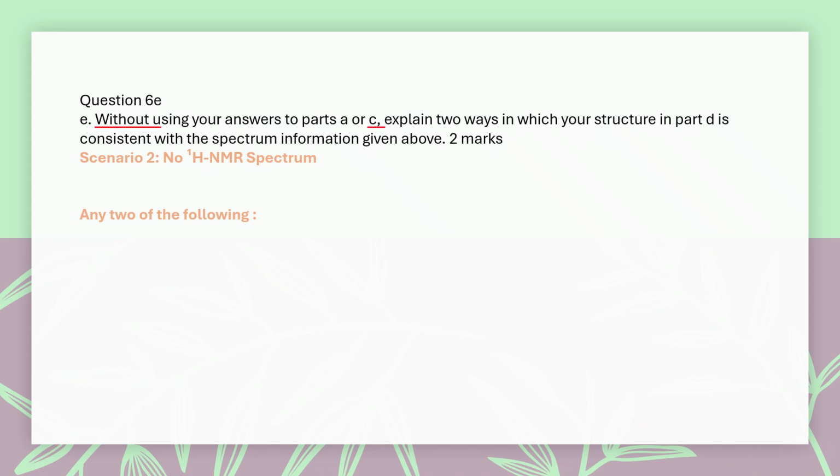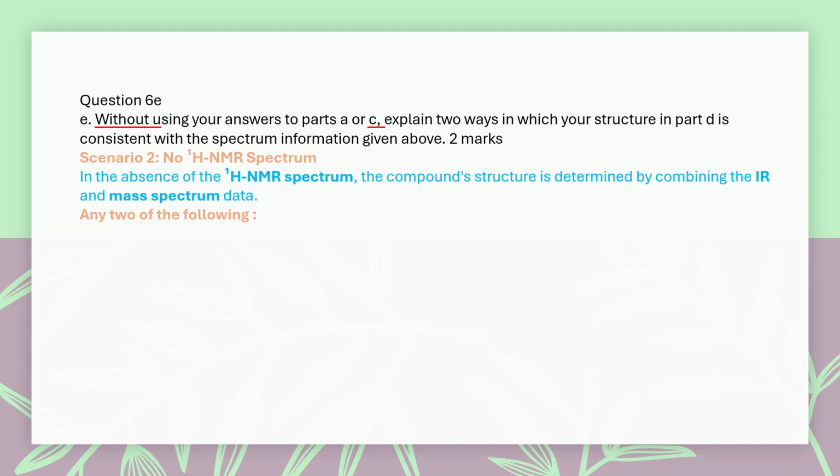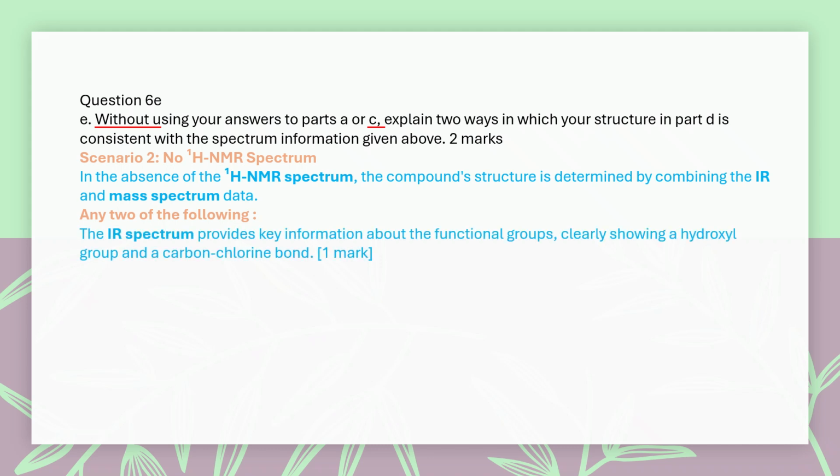In the absence of the 1H NMR spectrum, the compound structure is determined by combining the IR and mass spectrum data. The IR spectrum provides key information about the functional groups, clearly showing a hydroxyl group and a carbon-chlorine bond.